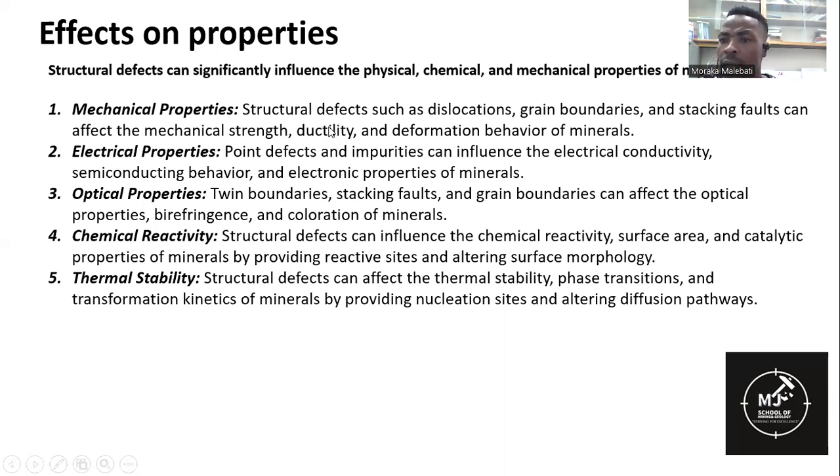Mechanical strength is whether it can withstand high pressures and temperatures. Then electrical properties: point defects and impurities can influence the electrical conductivity, conducting behavior, and electronic properties.